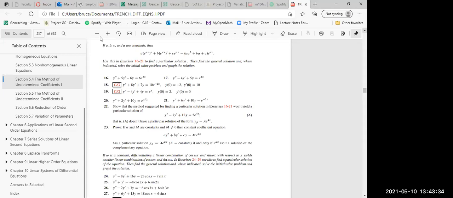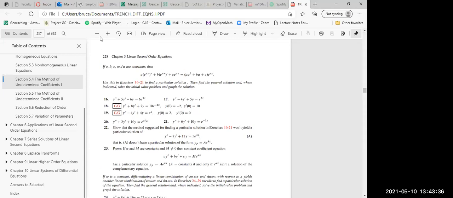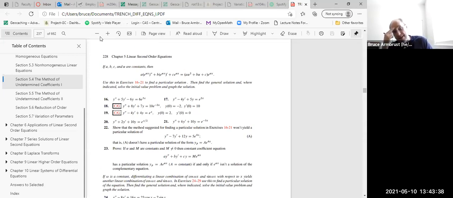Okay, so it says if A, B, and C and alpha are constants. So for us, A, B, and C are 1, 5, and -6. And then alpha is 3. That guy right there.